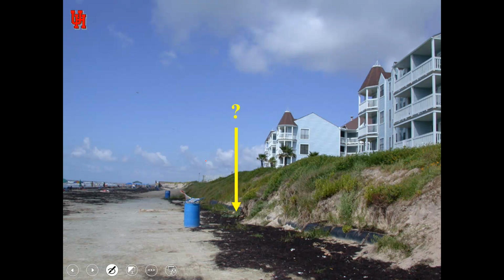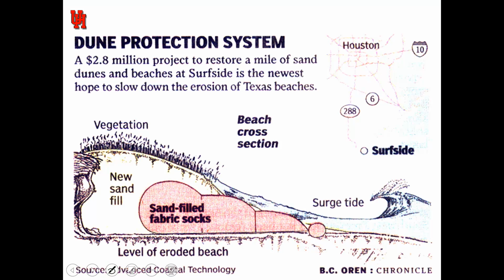Well, we couldn't nourish the beach. But the other thing we could do, see this little black thing here? This is a funny shaped dune. Well, the main reason is it's not really a dune. It is a large sand-filled sock.